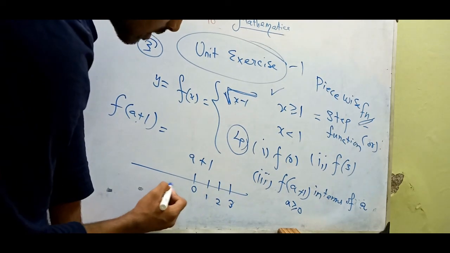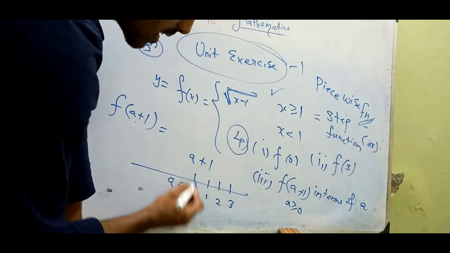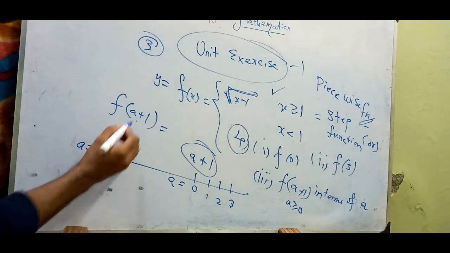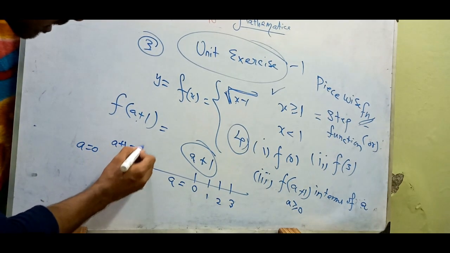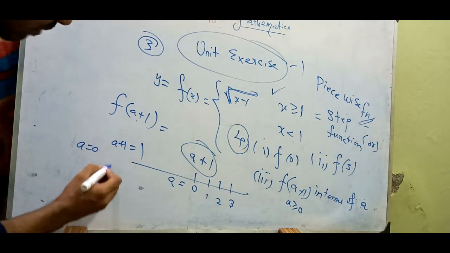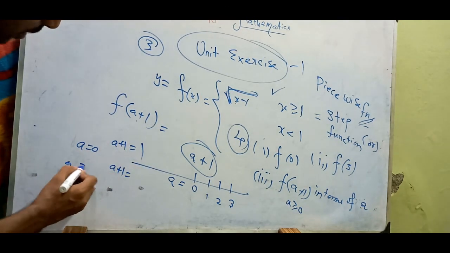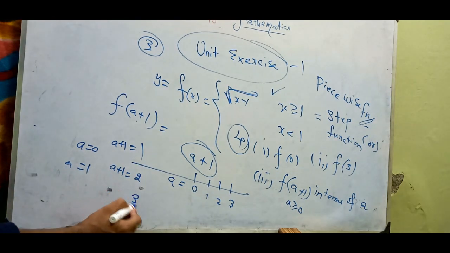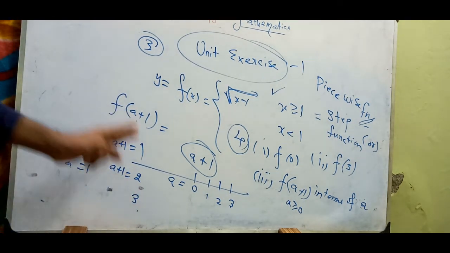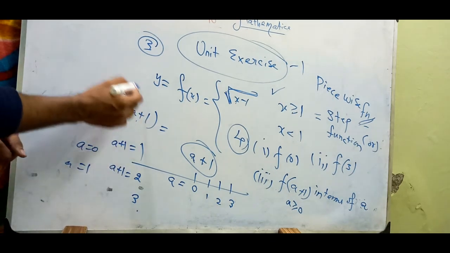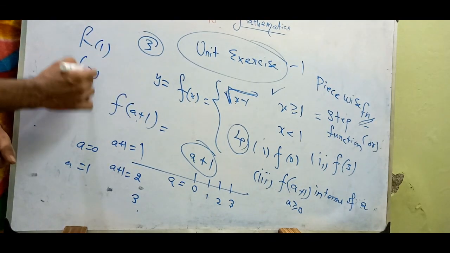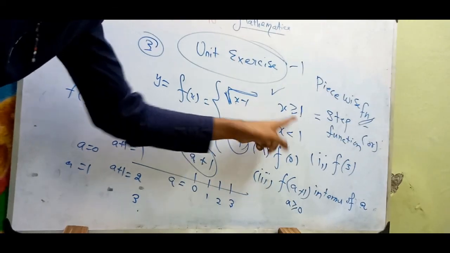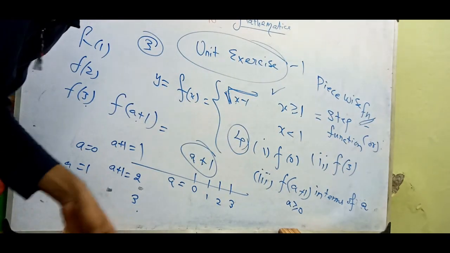If a equals 0, a plus 1 will be 1, because 0 plus 1 is 1. If a equals 1, a plus 1 will be 1 plus 1, 2. In this way we will have 1, 2, 3 and so on. That means a plus 1 will give f of 1, f of 2, f of 3. Exactly at x equal to 1, x equal to 2, x equal to 3 we will have the square root function.